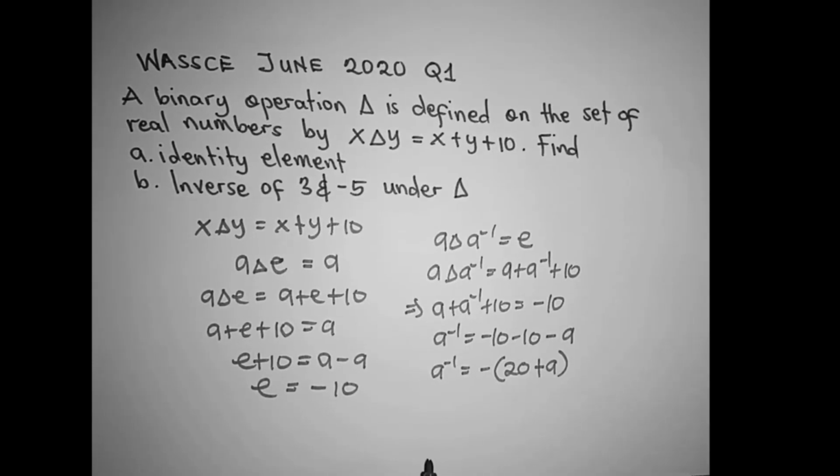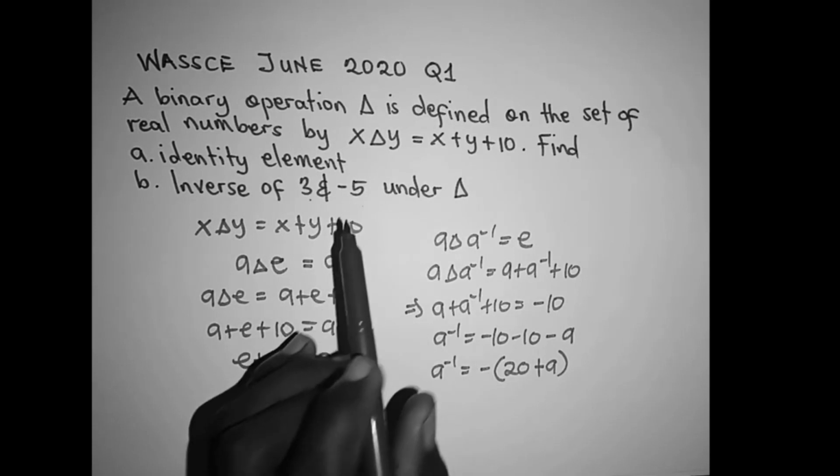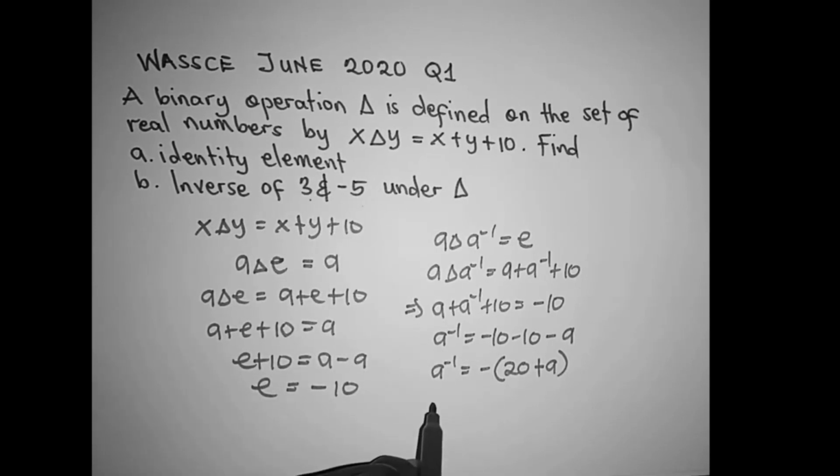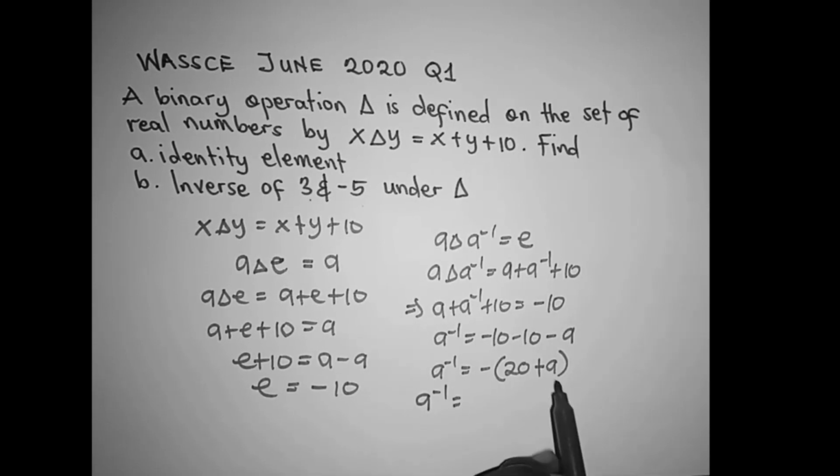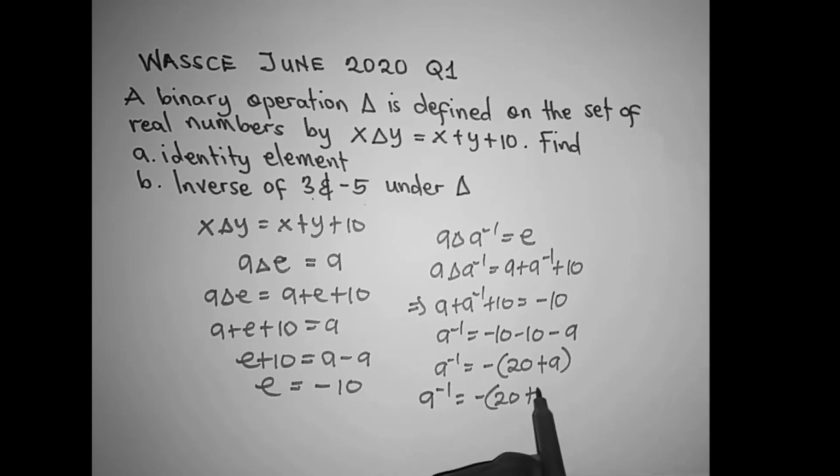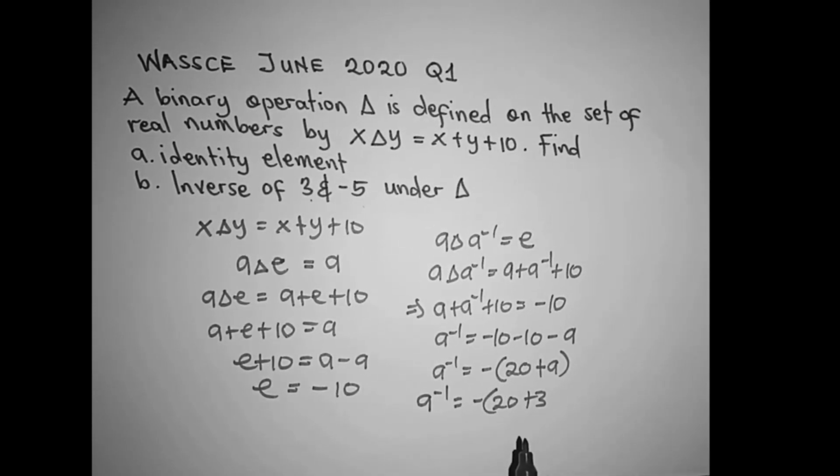Now that we have the value for A inverse, we can then go ahead and find the inverse of 3 and minus 5. So what is the inverse of 3? The inverse of 3 means that we should just put A equals 3. So that is A inverse equals minus 20 plus 3. And that is equal to minus 23.